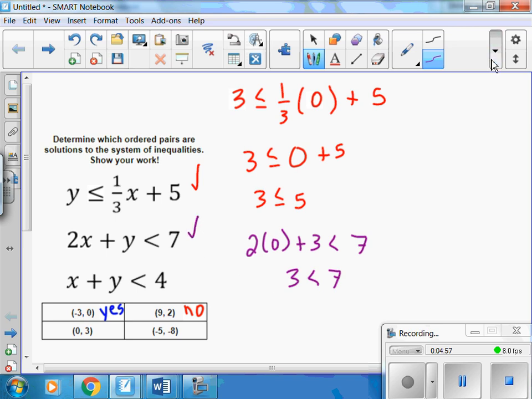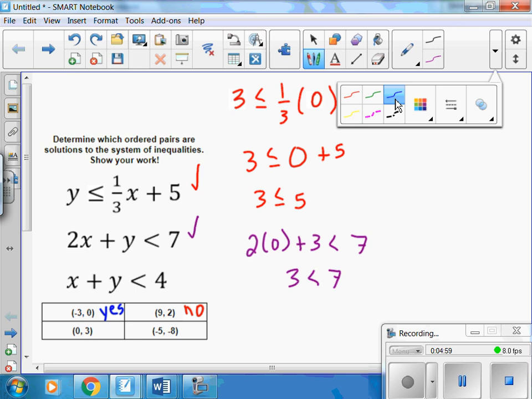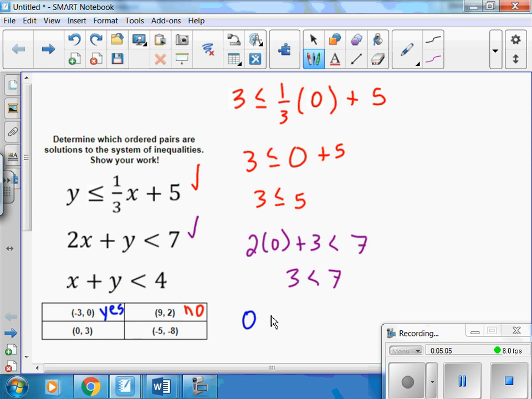Now the last one, we're going to plug in 0 for this x, 3 in for this y, so it would be 0 plus 3 is less than 4. 0 plus 3 is 3. That is less than 4. That is true. So therefore, it works for this one. So (0, 3) works for all 3.